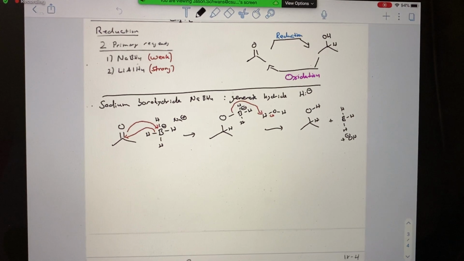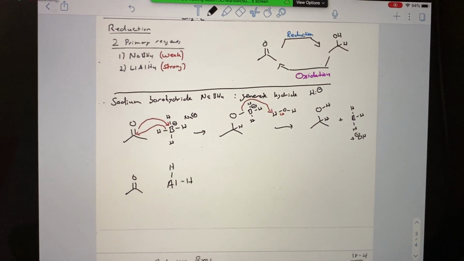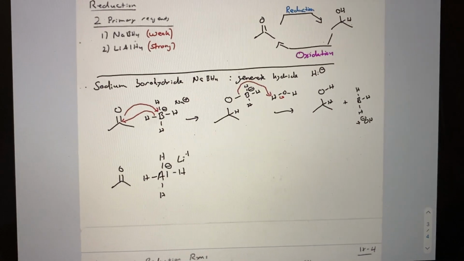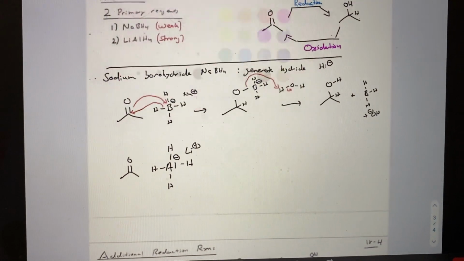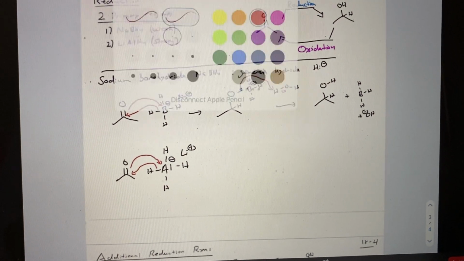The same thing happens with lithium aluminum hydride, which looks like this. Lithium is the counterion. Same sort of mechanism. This is going to generate a hydride, which coordinates to the aluminum.